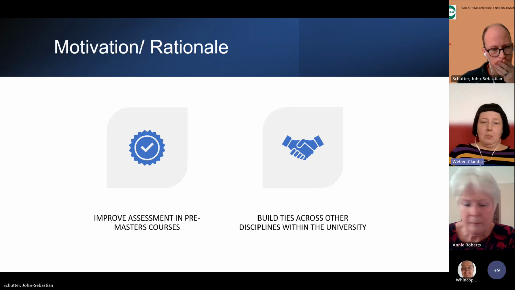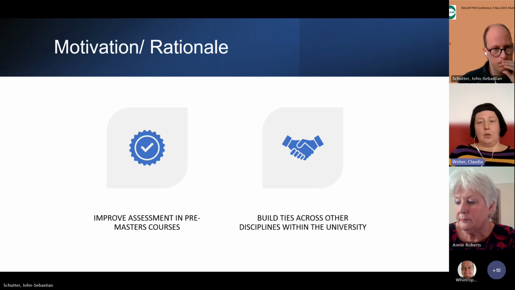So the reason we became interested in posters is because we're both teaching on EAP, on foundation and pre-master's programs. And since posters are widely used within the scientific community, they were integrated in the pre-master's program as an assessment.